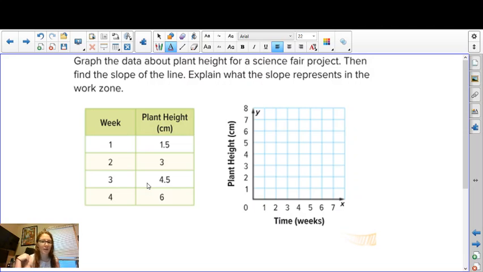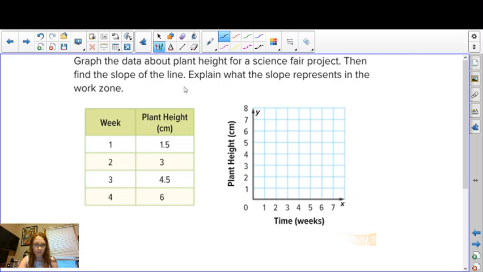See if you can try this next one. Go ahead and graph it. It's like it's not letting me select the color.